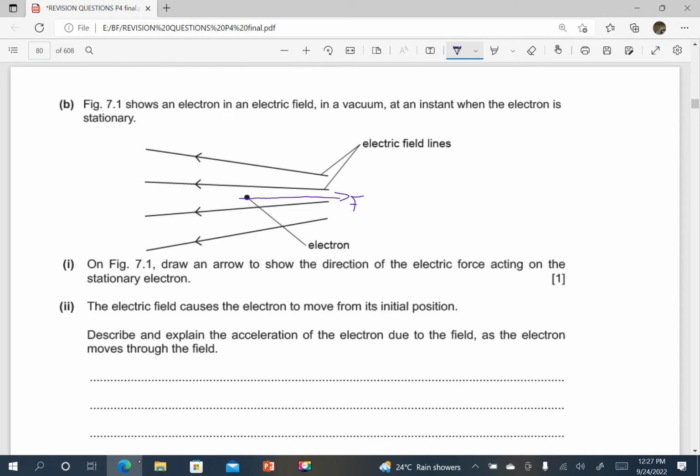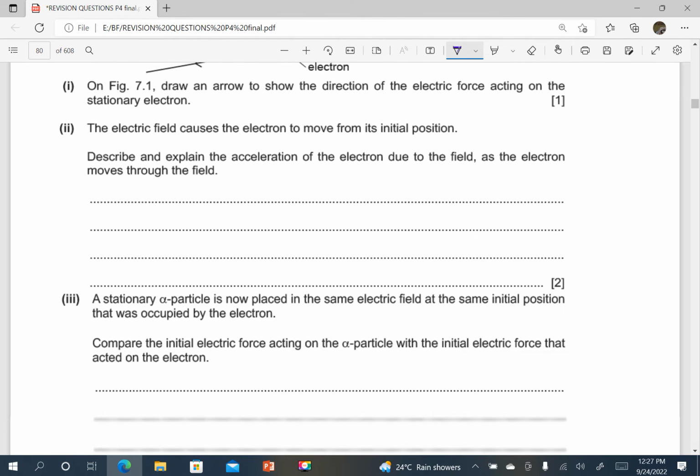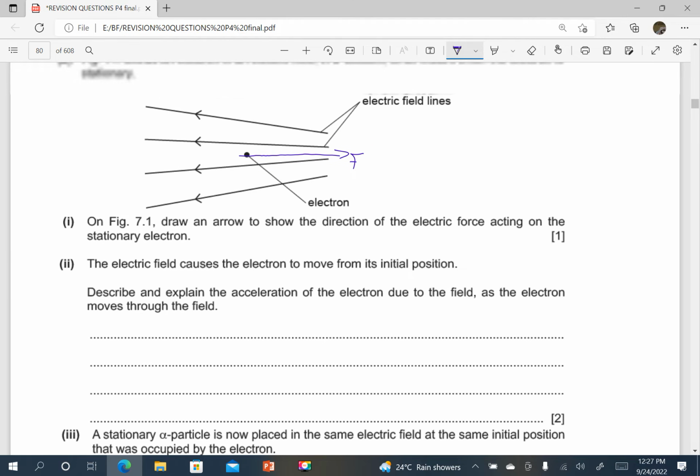If the electric field causes the electron to move from its initial position, describe and explain the acceleration of the electron due to the field as the electron moves through the field.